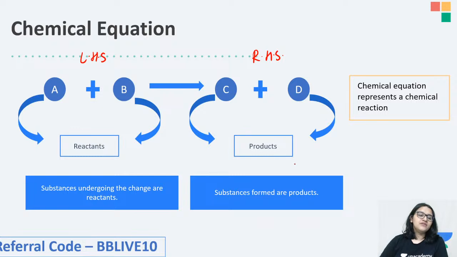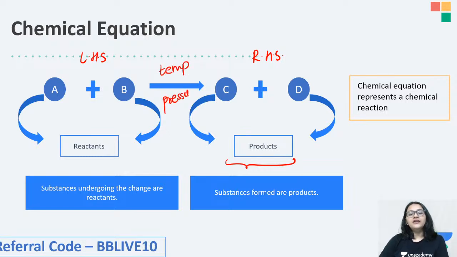So if I need ice cream, I need to freeze it up. Similarly, if I need some products which are very specific, they require a certain set of conditions. They require a certain temperature, a certain pressure, a certain catalyst, right? So any specification of a reaction is written above or below the arrow.